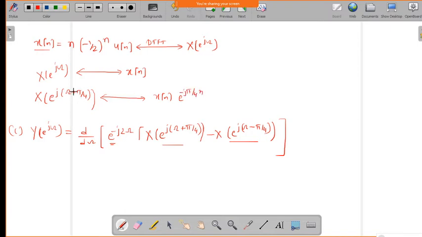Whatever the factor which is there will be correspondingly multiplied, right? Similarly, you will have x of e power j into omega minus pi by 4, and that will give x of n into e power j pi by 4 n.